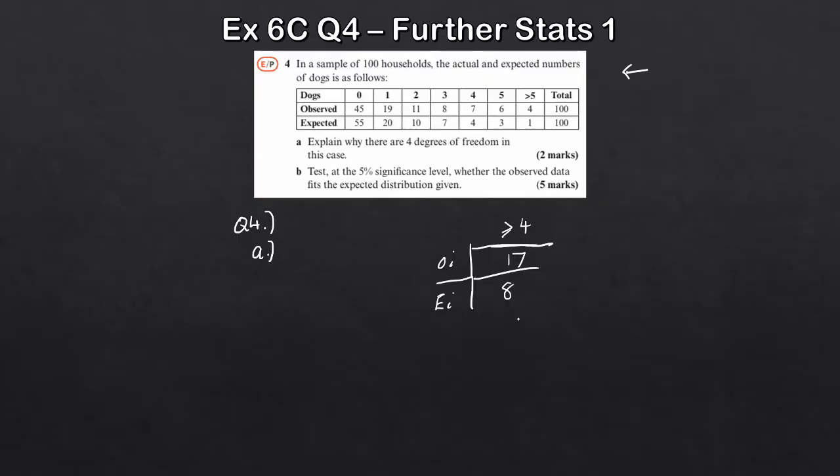So we've got 5 columns, we've only got 1 constraint, the total, so therefore, once you do 5 minus 1, you get 4. So, pooling 4, 5, and greater than 5 together gives 5 columns, and we have 1 constraint.